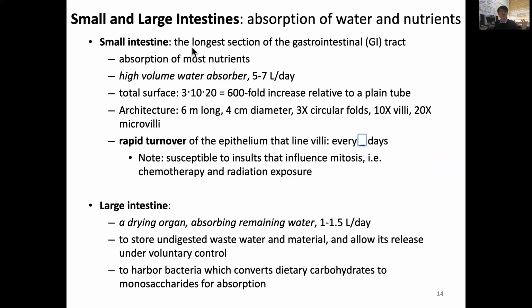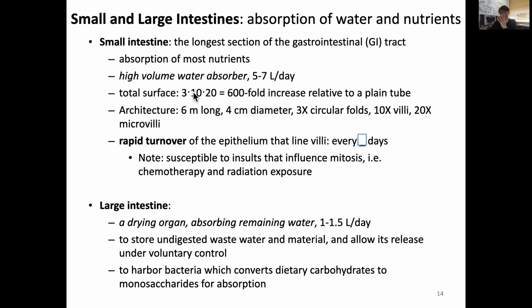The small intestine is thus the longest section of the GI tract, or gastrointestinal tract, which absorbs most of the nutrients. It's also a high volume water absorber, almost 5 to 7 liters per day. As I told you, the circumferential folds give about a 3-times increase in surface area, and the villus structure increases it about 10-fold.